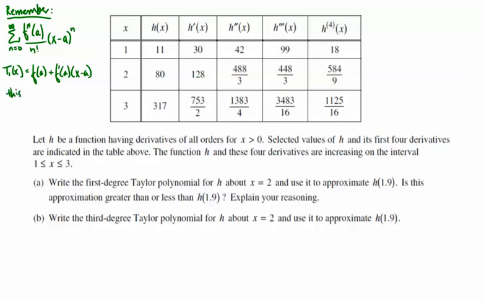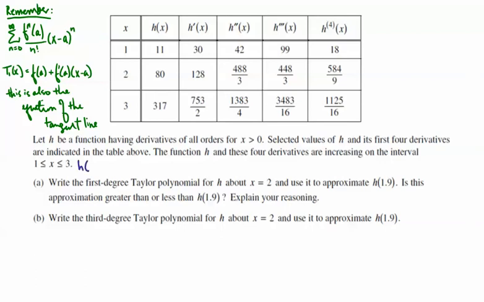One thing you should note is this is also the equation of the tangent line. Tangent lines, in essence, are just the first degree Taylor polynomial of any function at a particular point. Alright, so in this case we're looking to use the first degree Taylor polynomial to approximate the value of the function at 1.9.